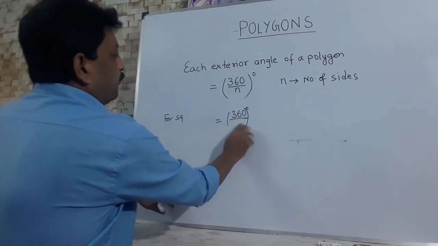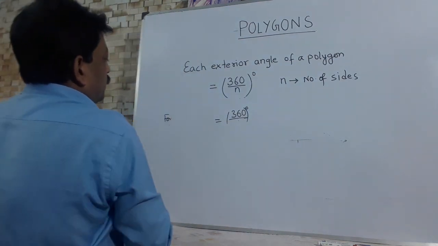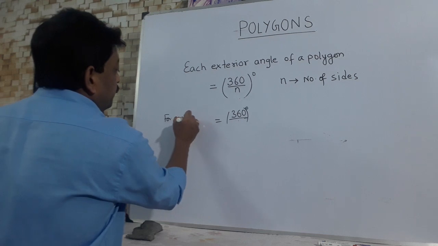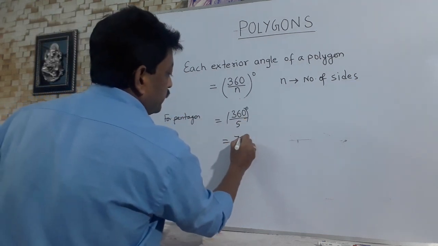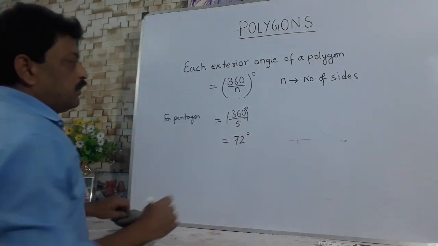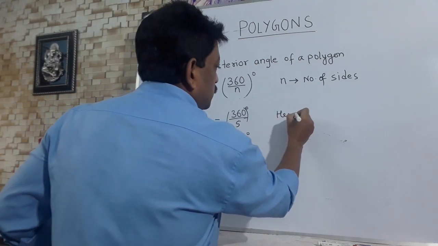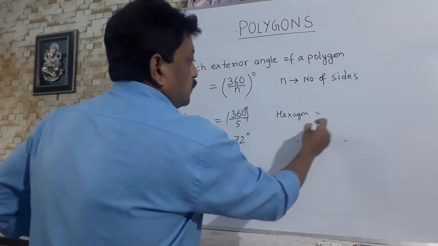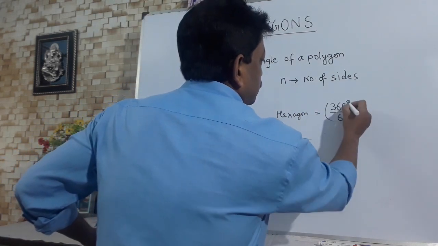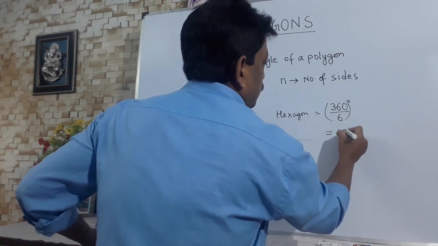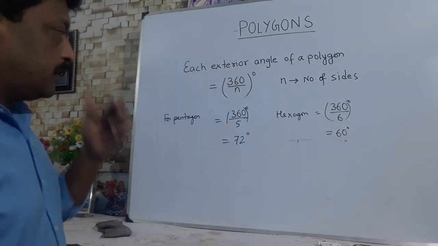If it is a pentagon, then n will become 5, so here it will be 72 degrees. If it is a hexagon, it will be 360 by 6, that is 60 degrees. Each exterior angle will be 60 degrees.